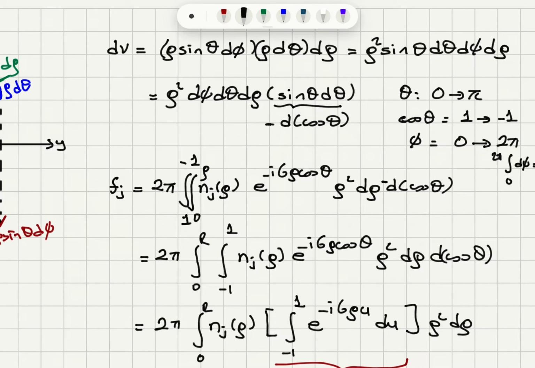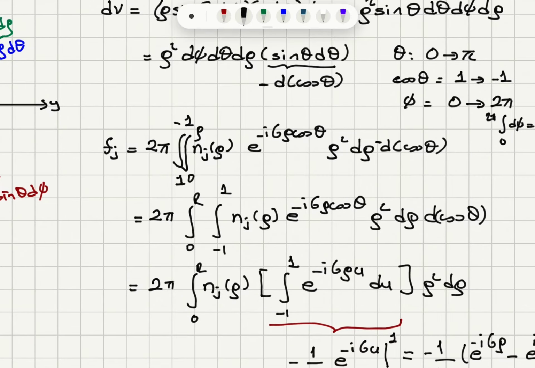So 2 pi integral from 1 to minus 1, integral from 0 to R, and j of rho, e to the minus i g rho cosine theta, rho squared d rho minus d cosine theta. So if I operate the minus sign here, I can change the places of 1 and minus 1. So this integral would be from minus 1 to 1. Then the minus sign is taken care of.